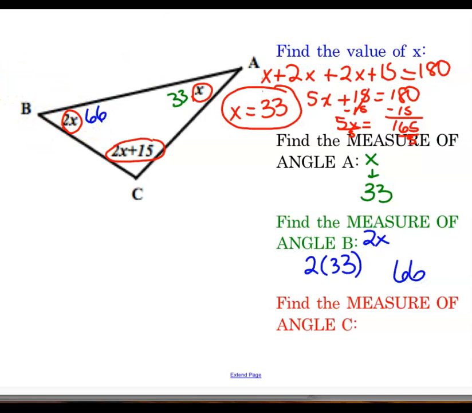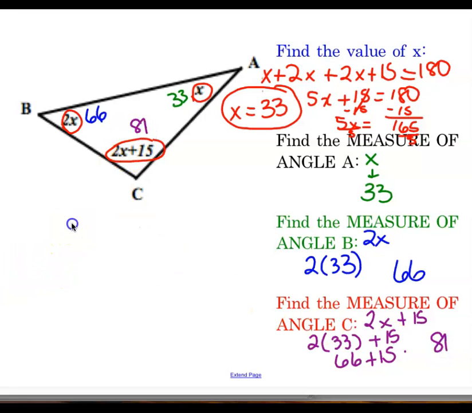And the last angle is C, which is 2x plus 15. So I do 2 times 33 plus 15, or 66 plus 15, and I get 81. So C is 81.